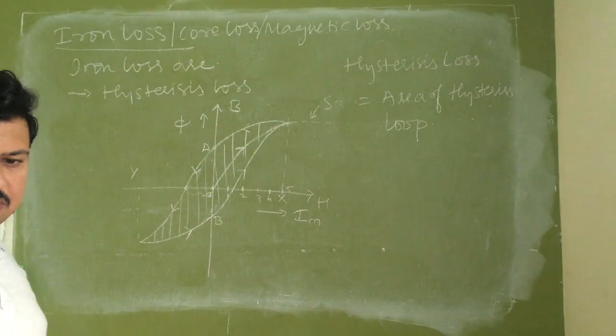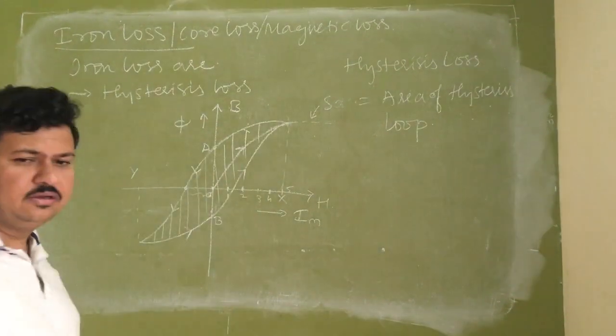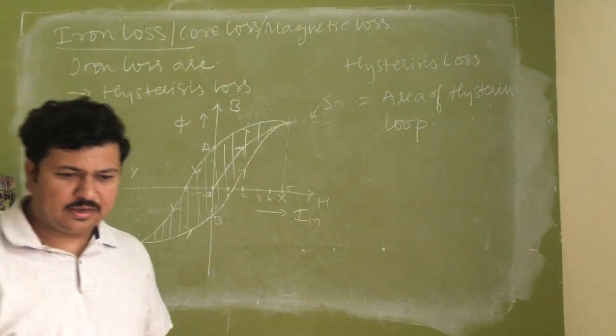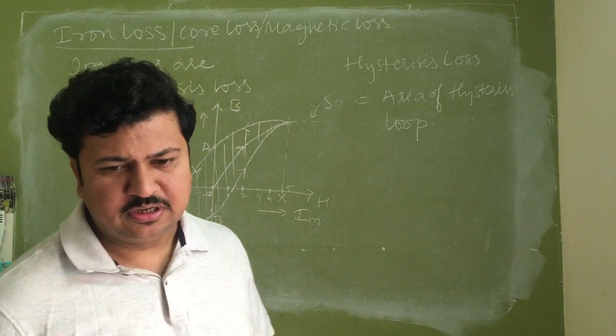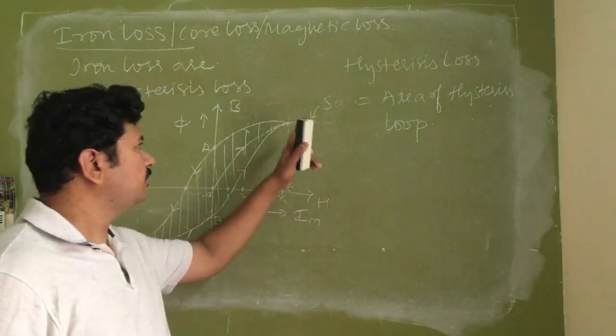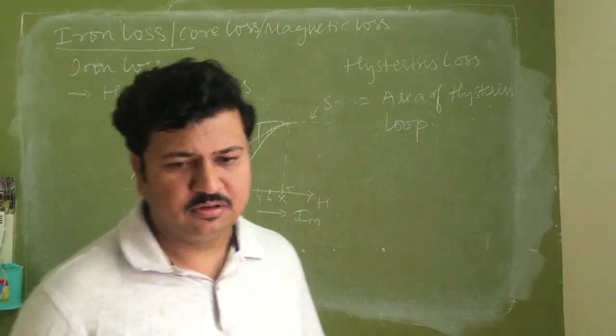Because in magnetizing and demagnetizing, it is consuming some amount of energy. To magnetize, it is consuming some energy, and to demagnetize also, it is consuming some energy. Actually, the property of hysteresis is nothing but the property of irreversibility.